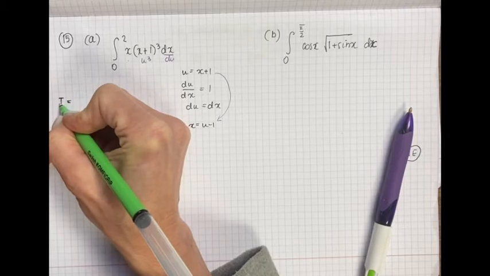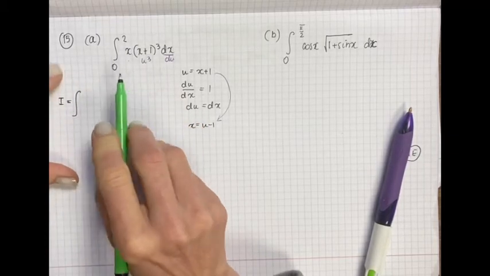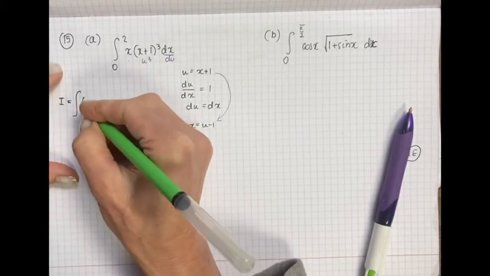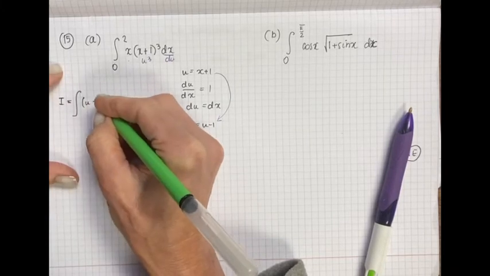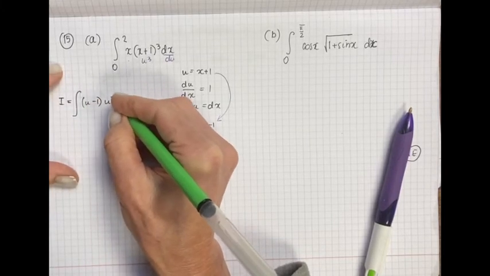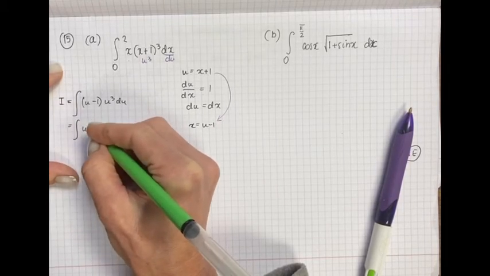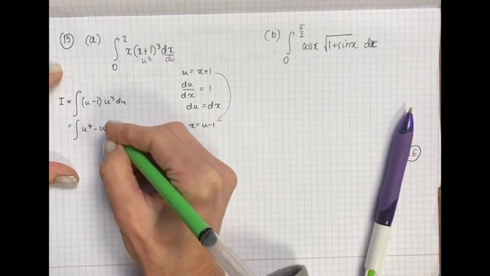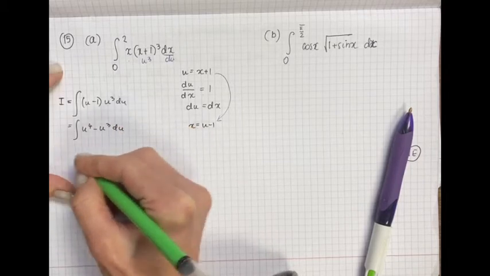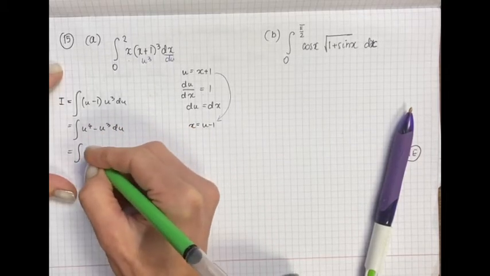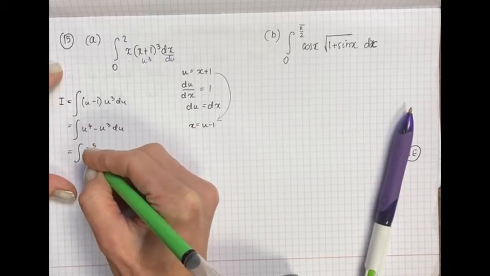So your integral, I'll deal with the limits in a minute, is u minus 1 times u cubed du. So we are going to expand it, u to the power 4 minus u cubed du. And then you add 1 to the power and divide by that power.